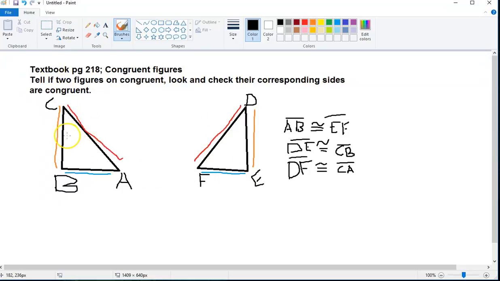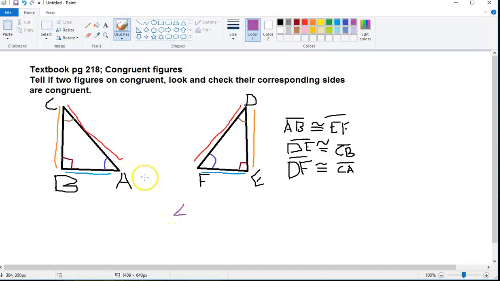We also need to check not just the sides, but also the angles of these. So we're going to have to check if these things are congruent, and then this angle, and finally this angle, and this angle. So we also need to check for the angles as well. I'm going to do a different color. Let's do that beautiful purple.